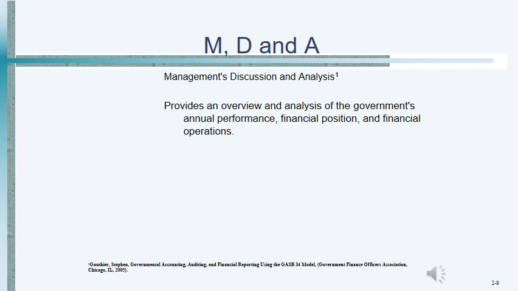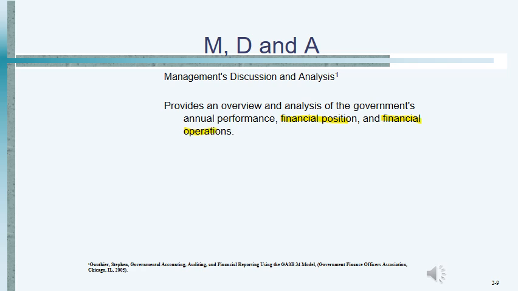Okay, so let's go ahead and start to understand more about the pieces of that basic model, starting with the MD&A. It's going to provide an opportunity for the government to provide information about financial aspects of this government, so it is talking about financial position and financial operations.